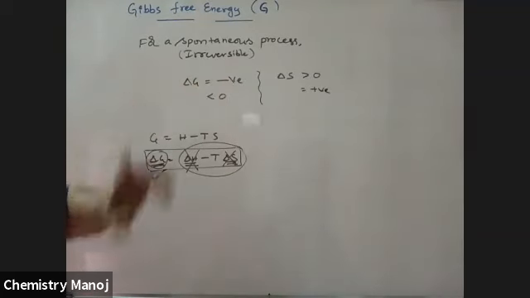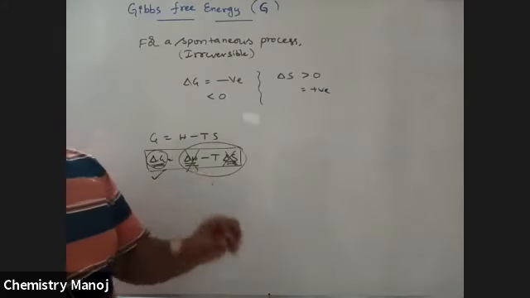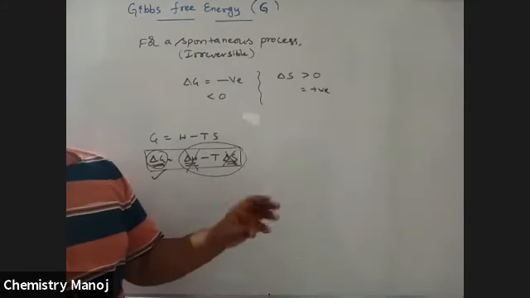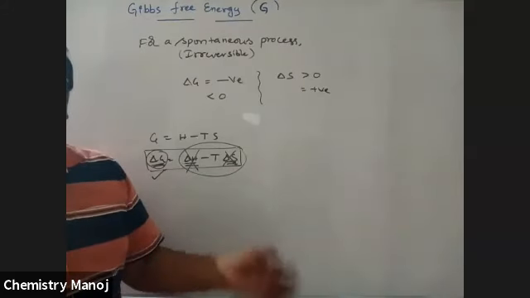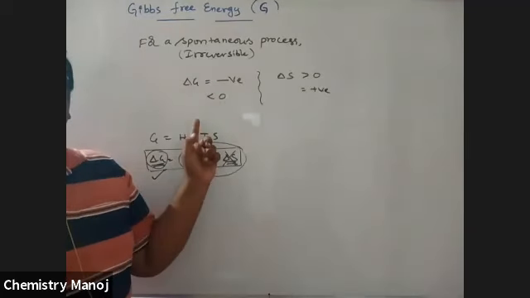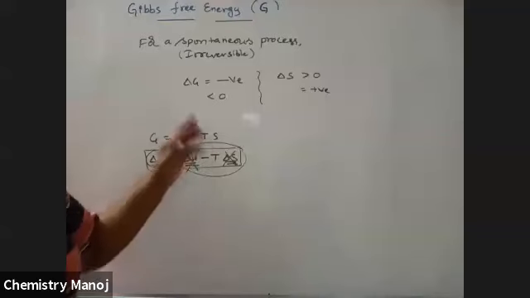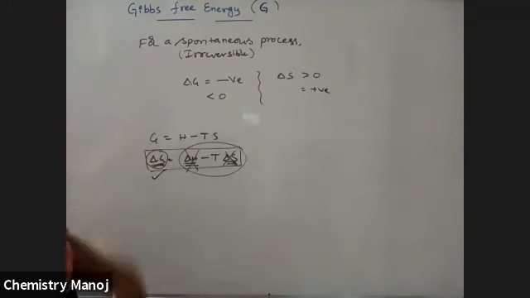Whenever delta G value is negative, irrespective of speed, whether it is a slow process, a fast process, a quick process, whatever it may be, if the system has delta G negative, automatically it goes to a spontaneous process.